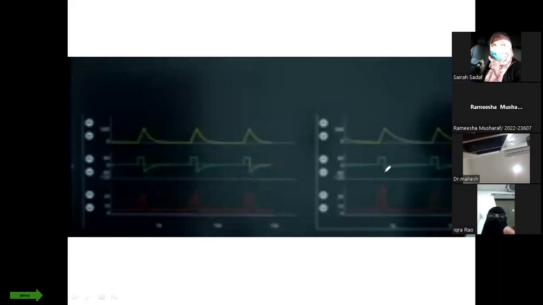While you can see here, this expiratory limb is shorter, while the other one is taking this much time. Can you see? It's taking this much time. So you can fully appreciate the difference between the two. Can you? Kindly let me know in the chat box that you have fully understood this.